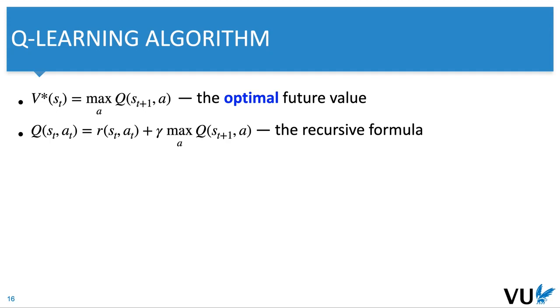The Q-learning algorithm is based on a very nice observation: if we denote by V star the optimal future value, we can write it as the max over all actions of the Q function. And what is the Q function? The Q function is the recursive formula that defines the cumulative reward. So it turns out that we can express this cumulative reward using this Q function.